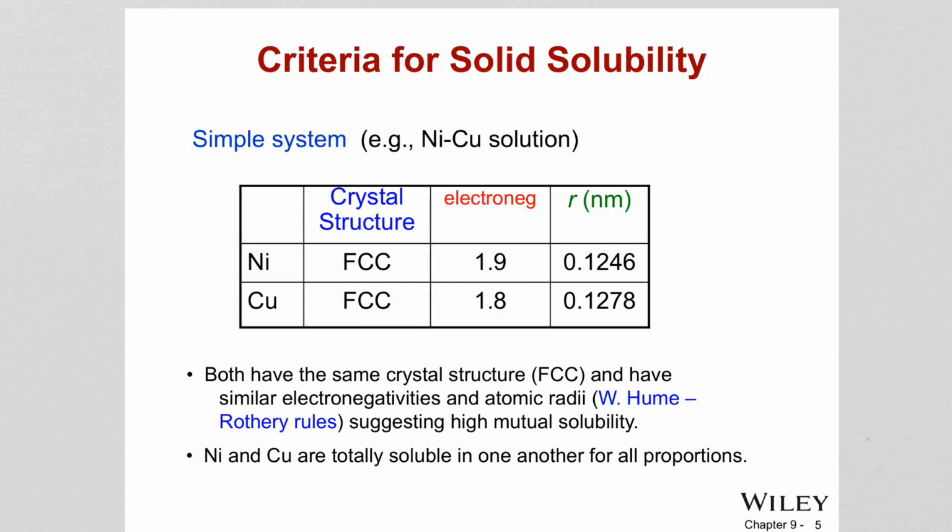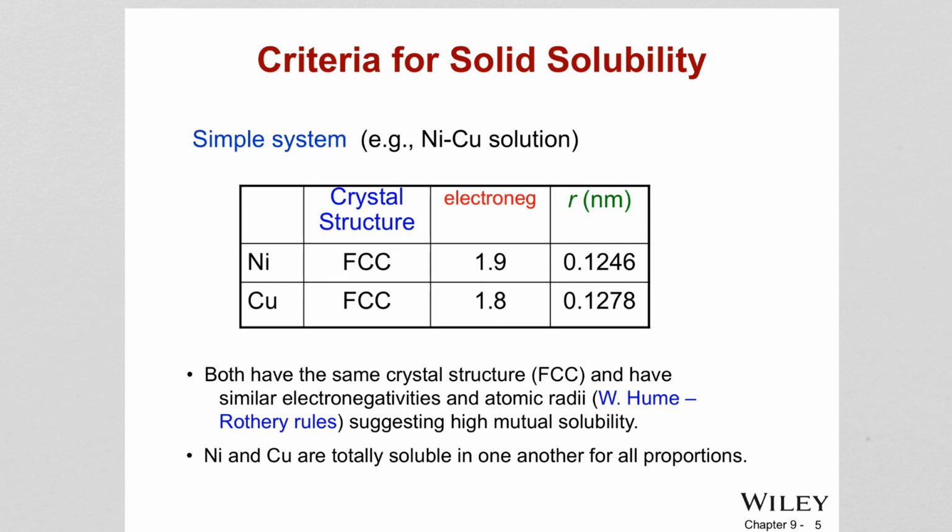And we learned about solid solubility, right? For a copper and nickel system, they both have FCC structure. Their electronegativities are similar, and atomic radii are similar. Because they have such close numbers in terms of electronegativity and atomic radius, this suggests high solubility in each other.